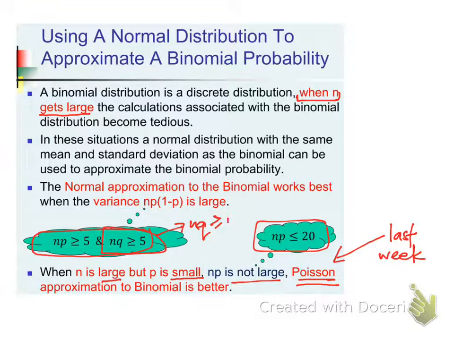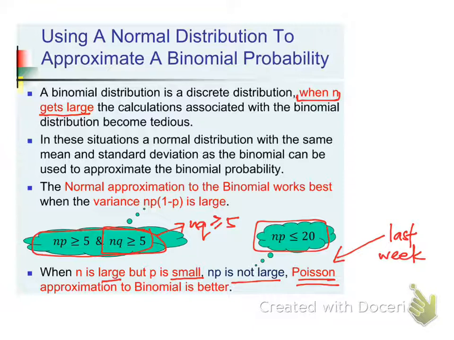So nq must be more than or equal to 5. The difference is that for the Poisson we only check np, but now we check not only np but also nq. If both are bigger than or equal to 5, we use the normal distribution.